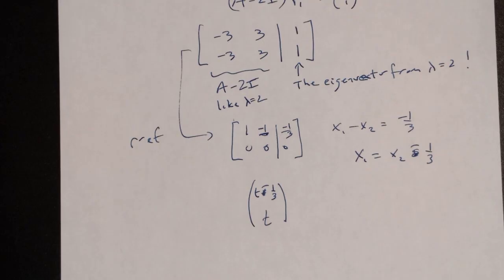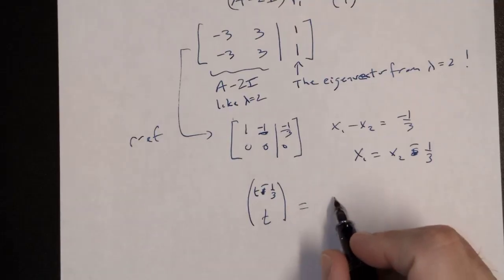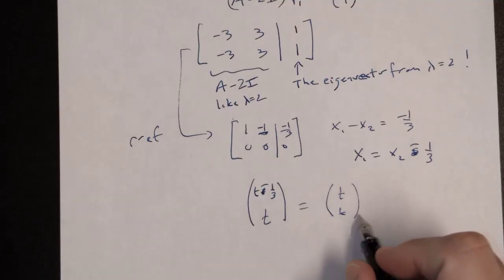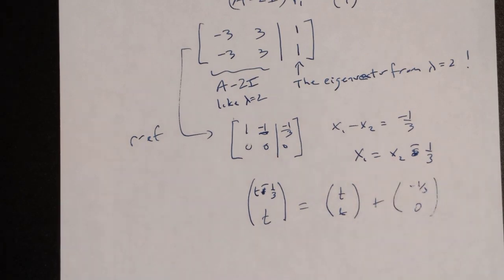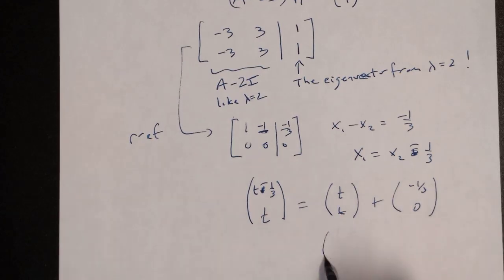Okay. Let me separate this. I'm going to write this as t and negative 1/3, 0. Hey, wait a second. This is 1 times t, isn't it?